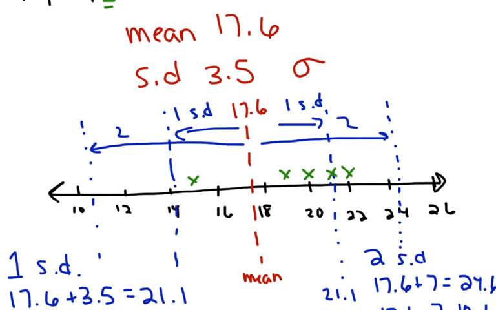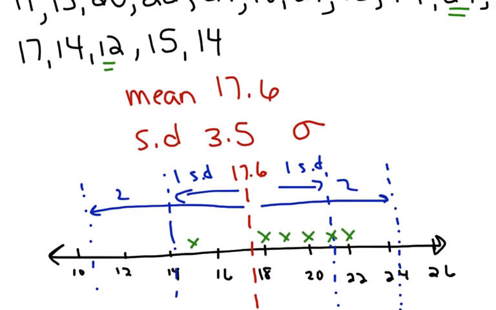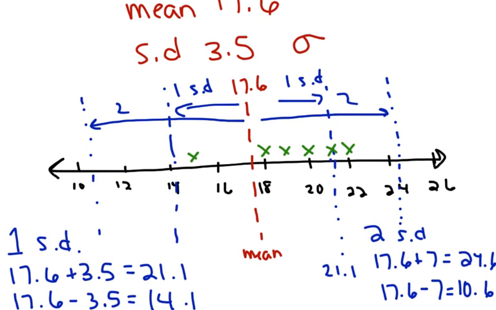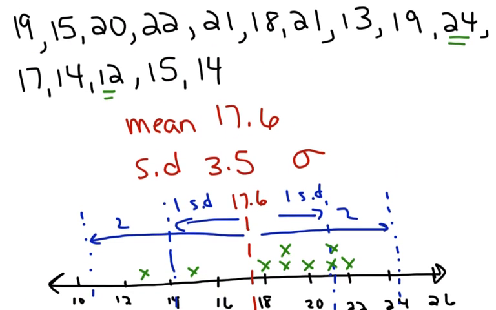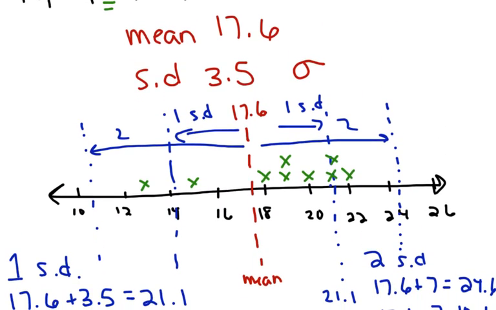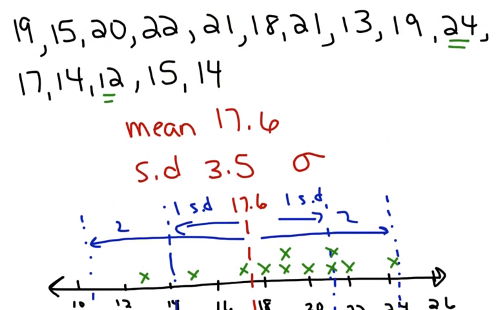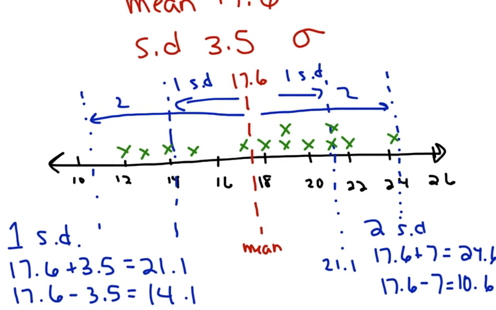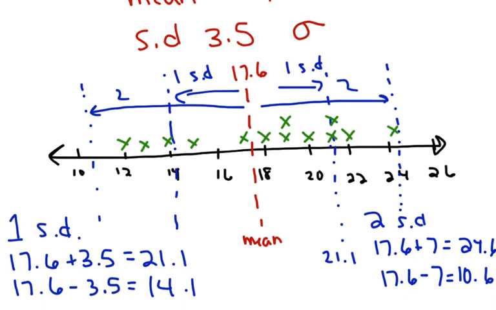Then 21, 13, 19. Then 24, 17, 14, 12, and 15, 14.